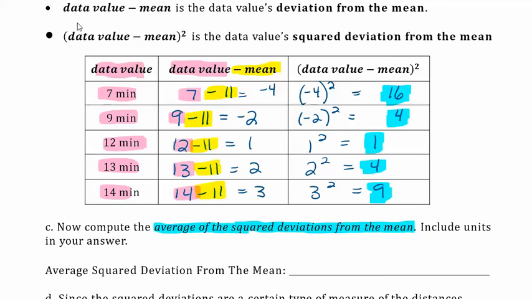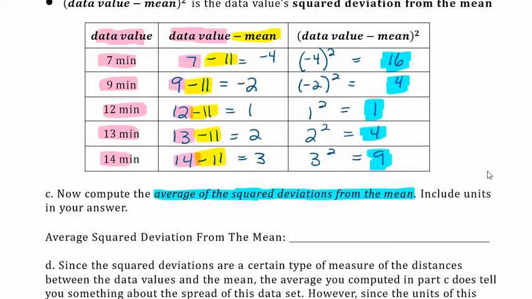So let's do that. We're going to take the 16, the 4, 1, 4, 9. Those are my values from the last column. We're going to add those up, and divide by the number of values, which is 5 values. Let's see what we get here.